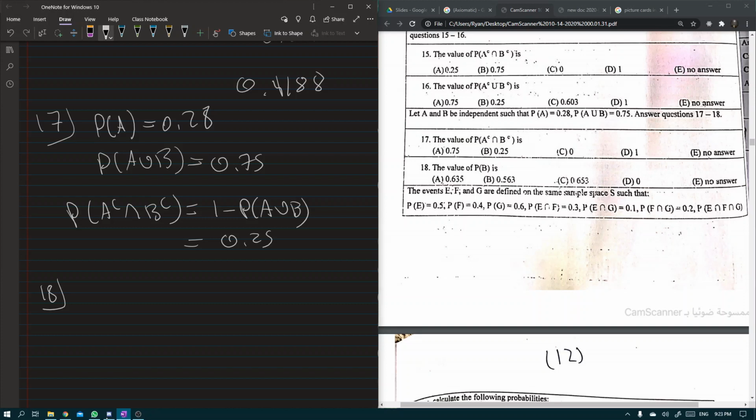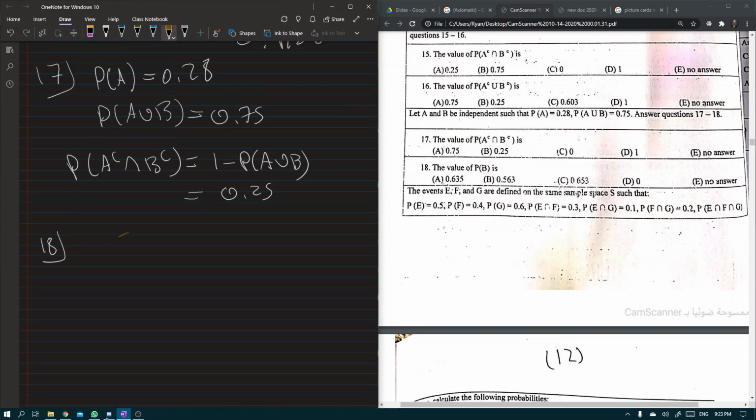Okay, do it. So now mutually exclusive means that they don't occur together. But independent just means that they don't influence each other. So it has an intersection, but they don't influence each other.